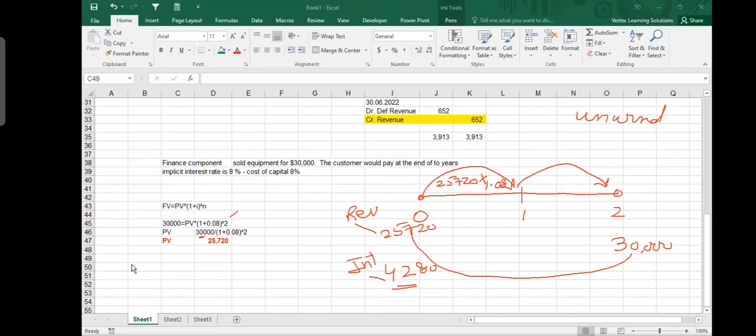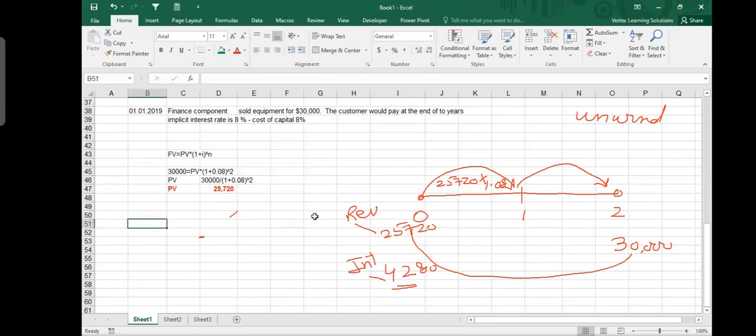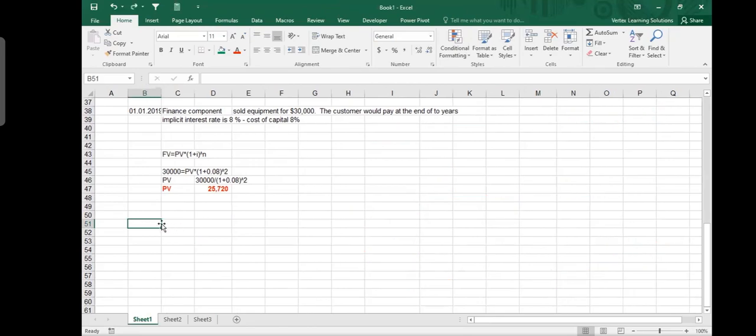Okay. So let's suppose that we sold this thing on 01/01/2019.